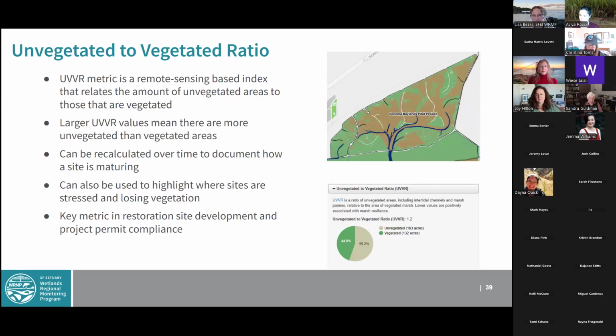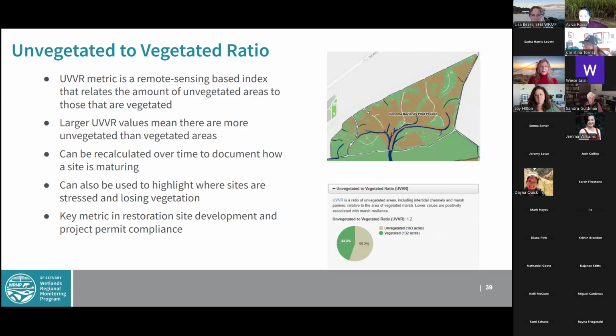It can be recalculated over time to document how a site is maturing, and this is particularly important for restoration sites. But it can also be used to highlight where sites are stressed and losing vegetation, so where there's impacts of sea level rise or other changes in hydrology or lack of sediment. And so this is a key metric in restoration site development and project permit compliance.